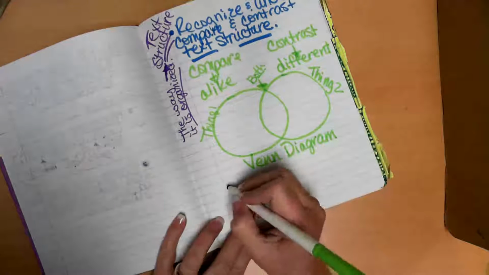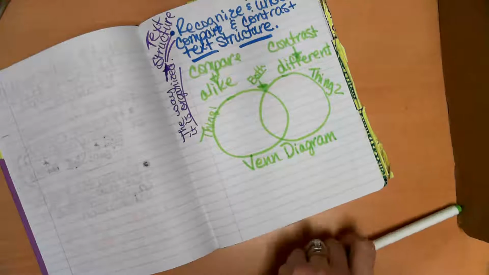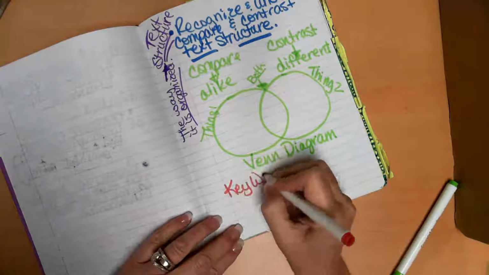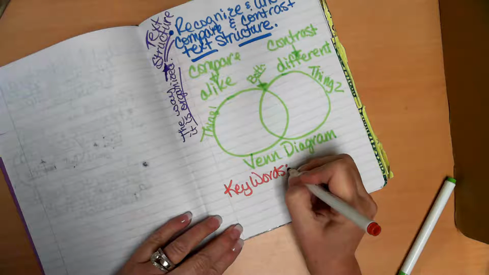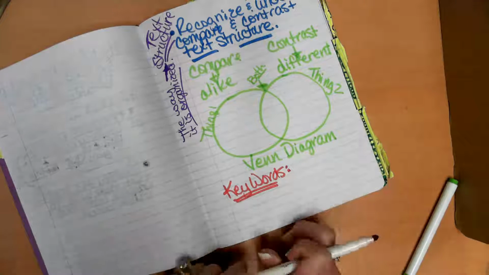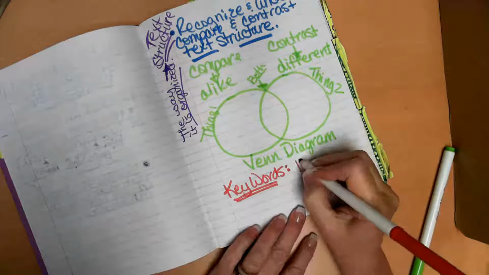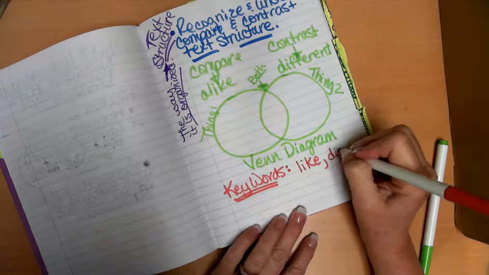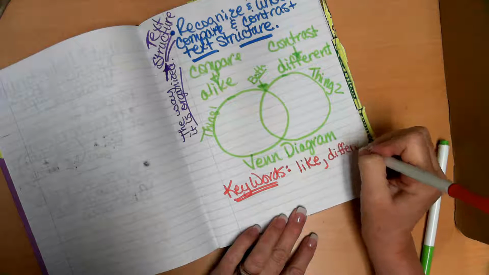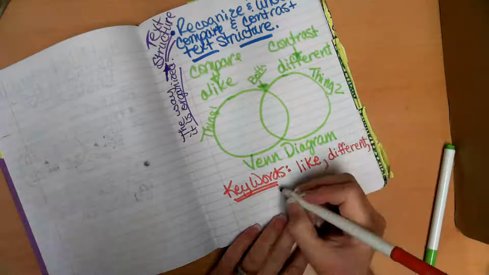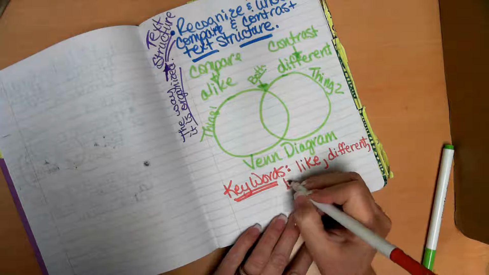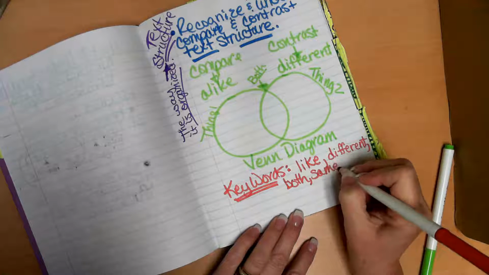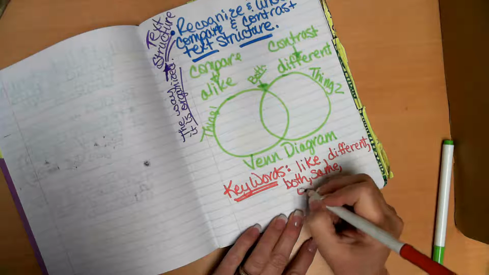And then the last thing we're going to look at are keywords for this Venn diagram. Okay, so keywords for this text structure. If you see words like different, both, same, opposite.